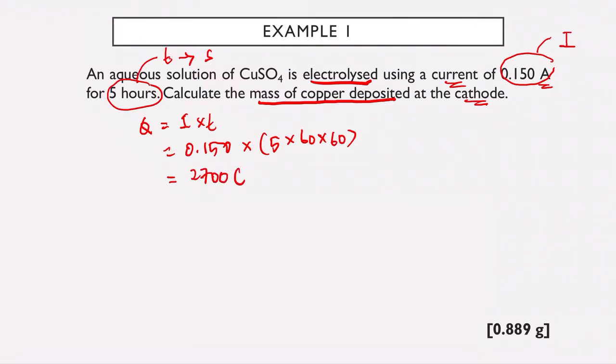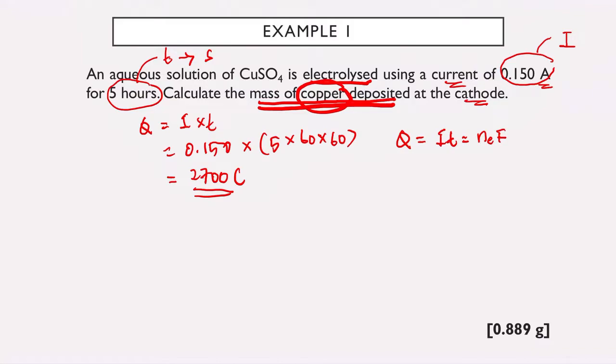So how many moles of electrons is 2700 coulombs? We know that Q is equal to I T, which is how much electric charge is supplied, and it is equal to the number of electrons times F. We want to know the mass of copper deposited, which we can find by doing stoichiometry. But before that we need to know how many electrons are passed through your electrolytic cell.